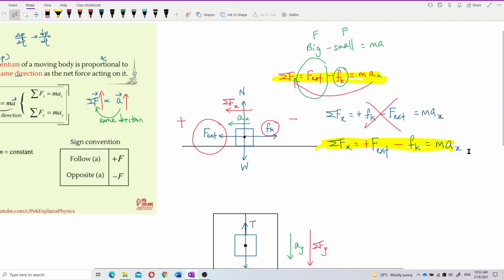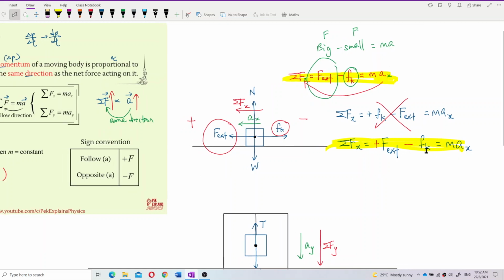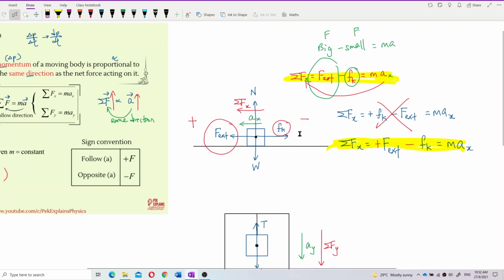You get the same equation. Just make sure that you don't use force to the right positive, force to the left negative.